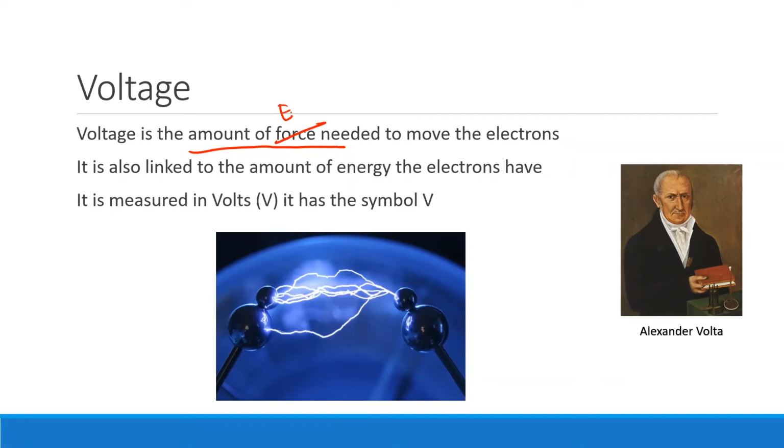I'm going to use the word energy. It's linked to the amount of energy needed to move the electrons, not really force, because force means you could measure it in newtons, and I don't want to get you guys confused. It's linked to the amount of energy the electrons have. It is measured in volts and has the symbol V. So when I talk about voltage, I'm talking about how much energy these electrons have.